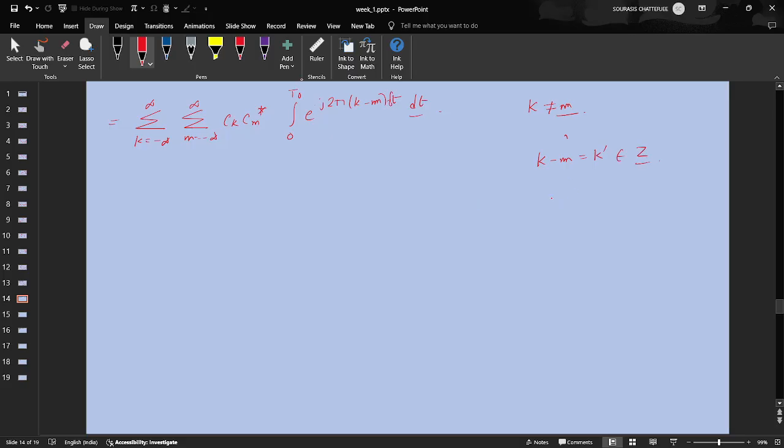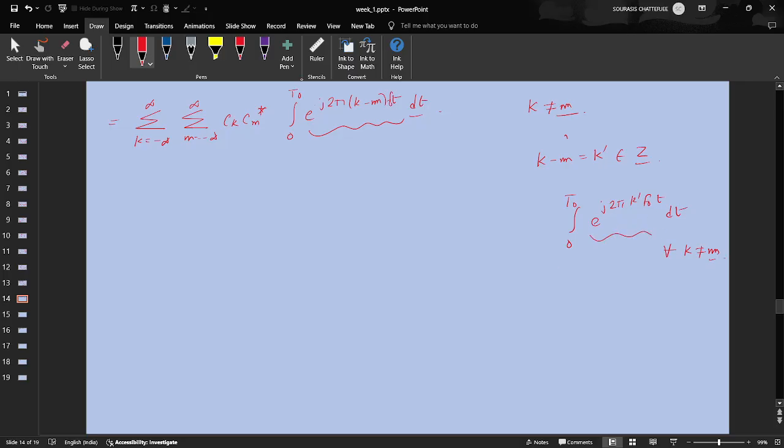That will make the integrand the integration of 0 to T naught e to the power j 2 pi k dash f naught t dt for all k not equal to m.